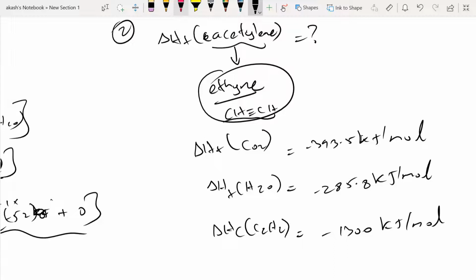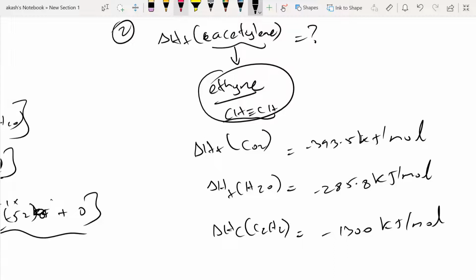So here we have to know how to write the reactions, right? And we have to know what the properties of enthalpies are. I told you that you will be able to reverse the reaction, multiply throughout the reaction, and add two or more reactions, right? So think about it.